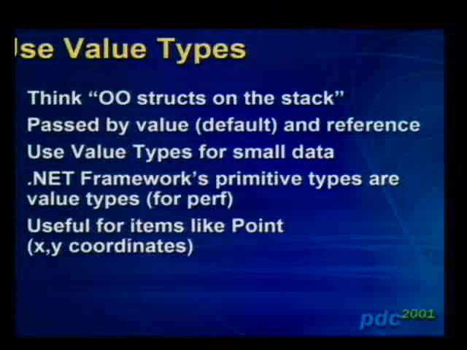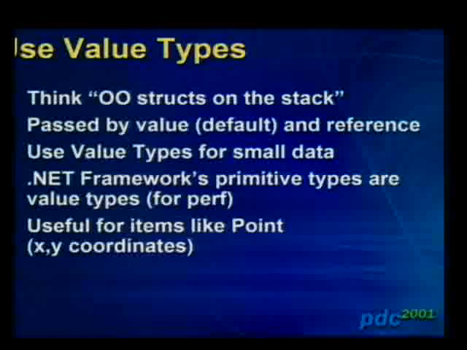So the judicious use of value types really gives you a pretty good performance win, but you should be aware that if you're passing around value types quite a bit, you're really copying this each and every time, and it may negate your performance. So with any of these tips, you should really measure the performance of your app as you tune your app and make sure that they apply to you as well.